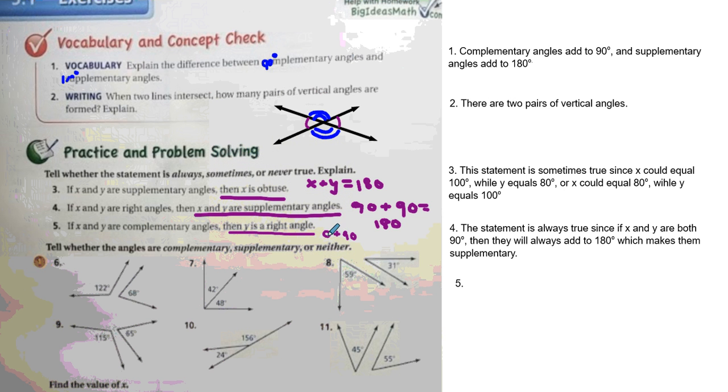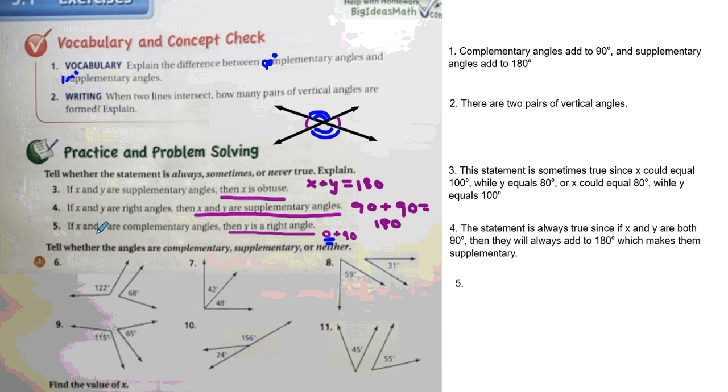Well, 0 degrees, that's not an angle. You can't have a 0-degree angle, then it's just a ray. So on this one, it's a little tricky. It looks like y could be a right angle, but then x would have to be 0 degrees, and then it wouldn't be an angle at all. So then you don't have complementary angles.